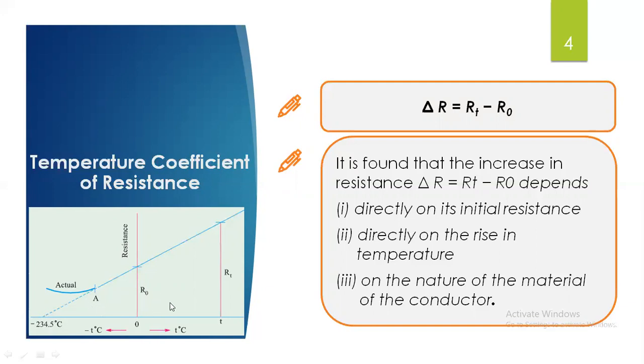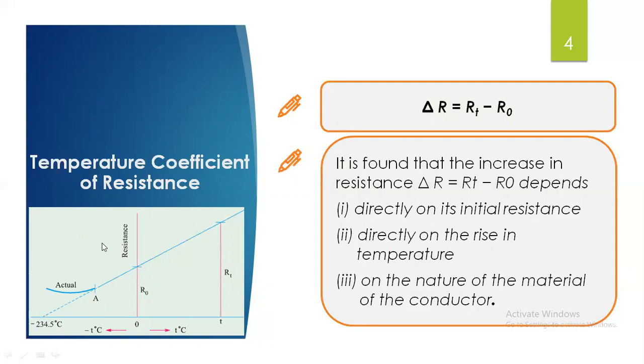As shown in the figure, the temperature versus resistance graph for copper is practically a straight line. If this line is extended backward, it would cut the temperature axis here, where the temperature is minus 234.5 degrees Celsius.